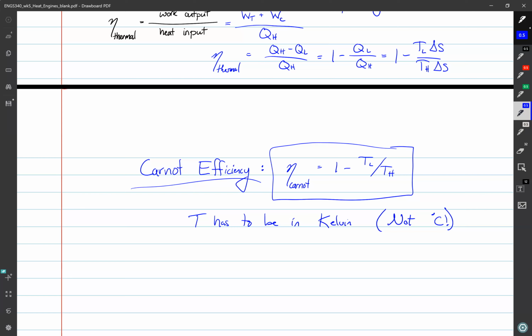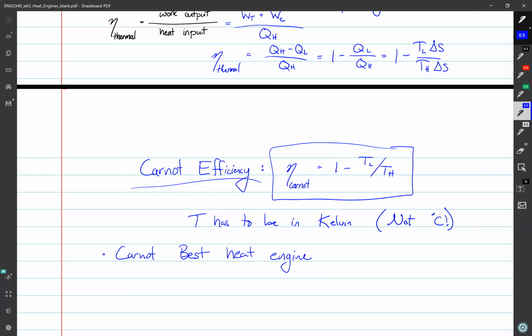The other thing is that this is interesting because it tells you the maximum efficiency that you could do for any heat engine, that's what the Carnot is. It's a maximum. So Carnot is the best heat engine, and the maximum really only has to do with the two temperatures involved. What's your hot temperature and what's your cold temperature?